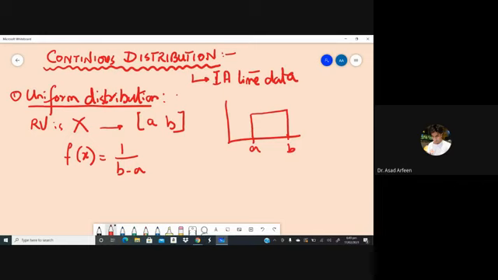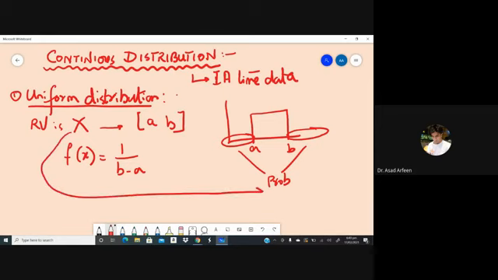Obviously the probability in the region less than a is 0, and the probability of the random variable x assuming values greater than b is also 0, because it is never occurring. In the region between, the probability is governed by this density function.